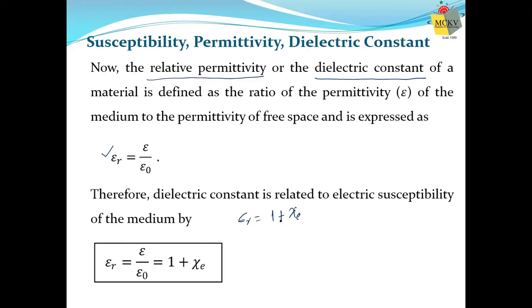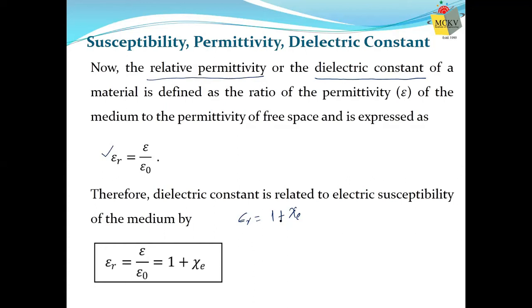Like you need to tell about the polarizability of water, polarizability of oxygen. Similarly, you need to say relative permittivity, dielectric constant, permittivity of the medium, susceptibility of the medium, etc. Now, you need not bother about all these quantities. That's why I'm showing you the relationship.